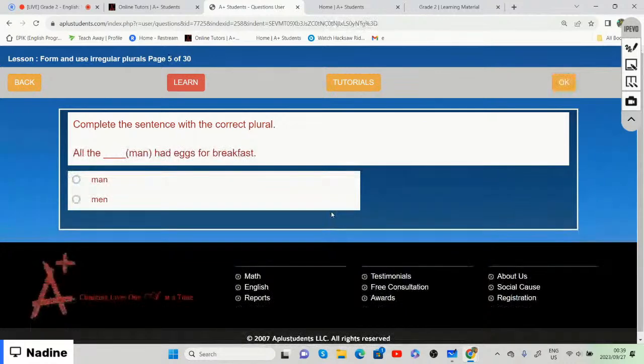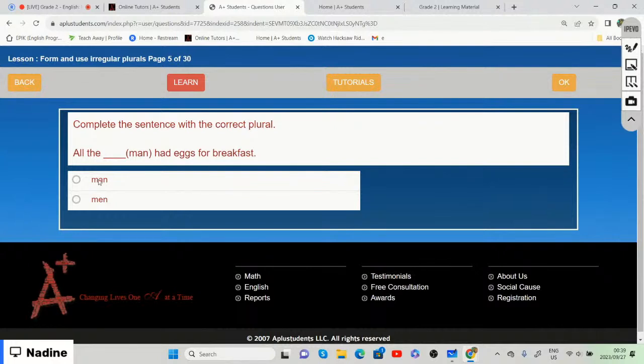And then all the men had eggs for breakfast. Man. We need to find the correct plural form. So man, referring to it as being one man.